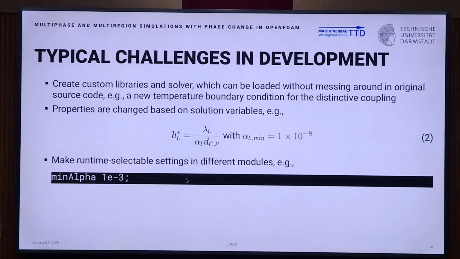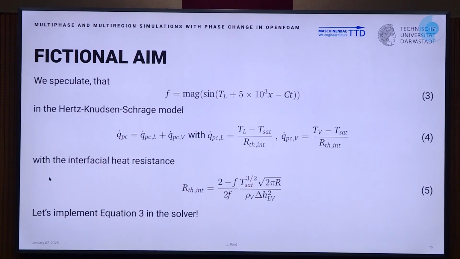For example, if I want to test the influence of setting the limit alpha here, I want to specify in the OpenFOAM case the value and not go to the source code and change it. And I try to show these three challenges in the following.